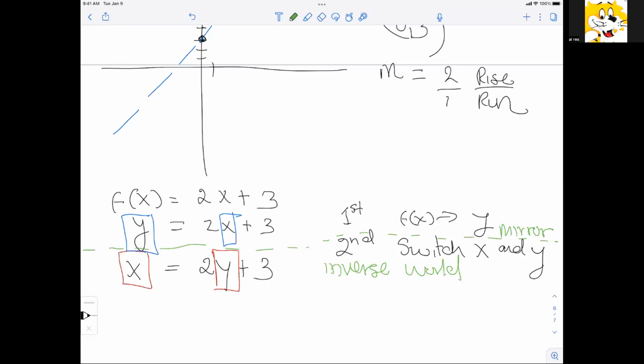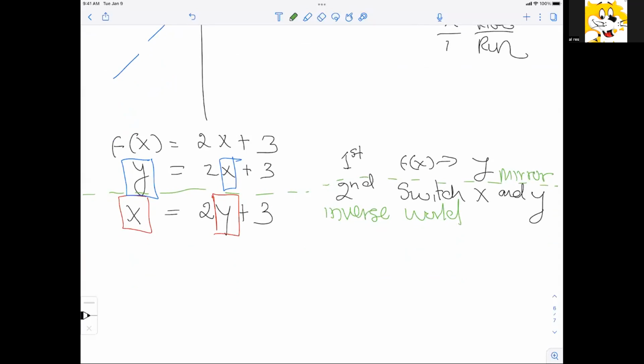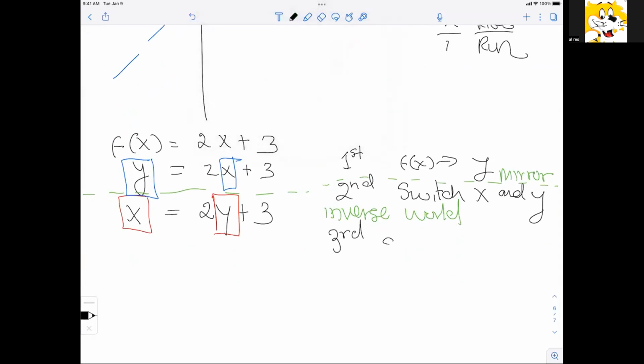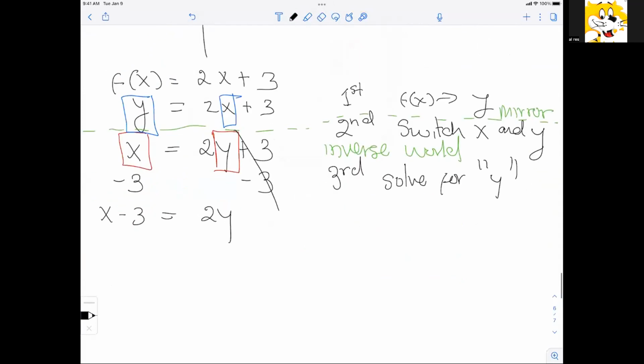So what is the third thing you're going to do? The third thing is you're going to solve for y. How do you solve for y? Well, you're going to subtract 3 here. So now you're going to end up with x minus 3 is equal to 2y, because these cancel out. And then, how do we get the y by itself?